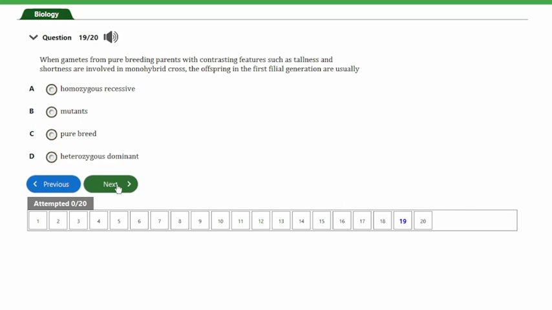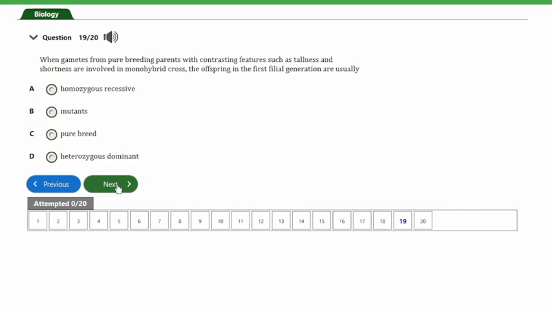It says, when gametes from pure breeding parents with contrasting features such as tallness and shortness are involved in monohybrid cross, the offspring in the first filial generation are usually A, homozygous recessive, B, mutants, C, purebred, and D, heterozygous dominant.